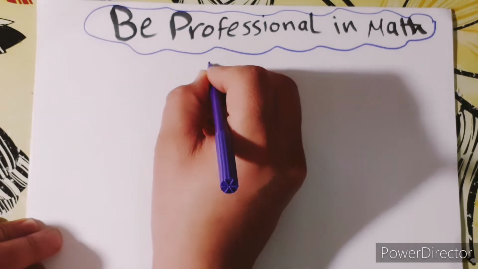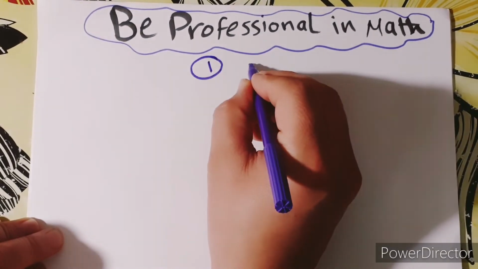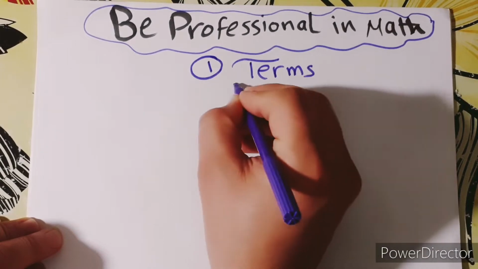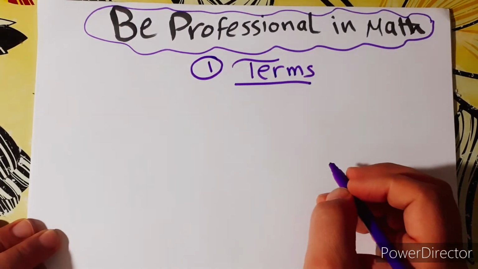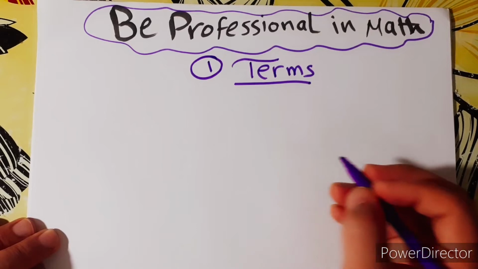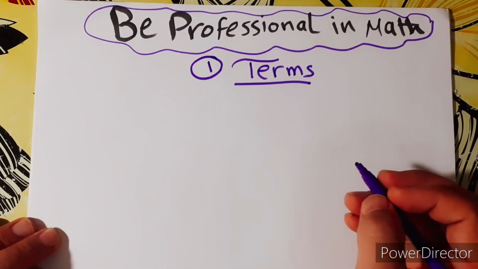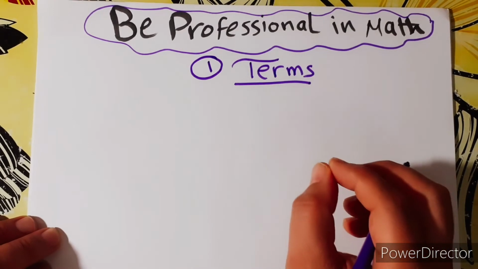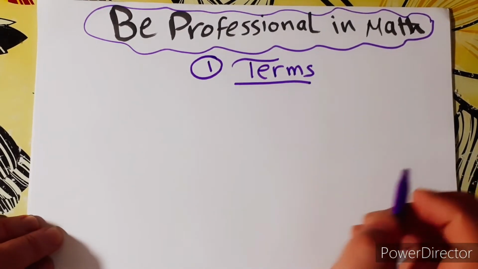Number 1. Terms. How can we add, subtract, multiply, or divide terms? Operations of terms.